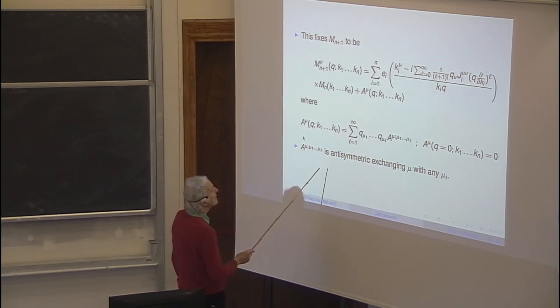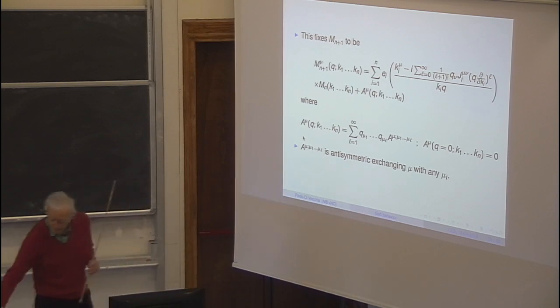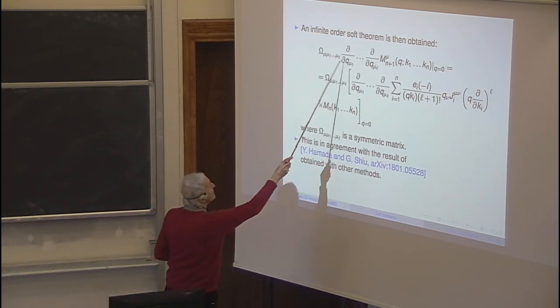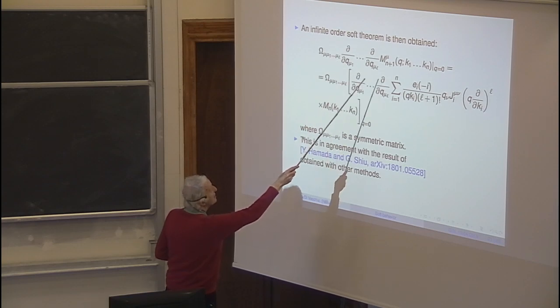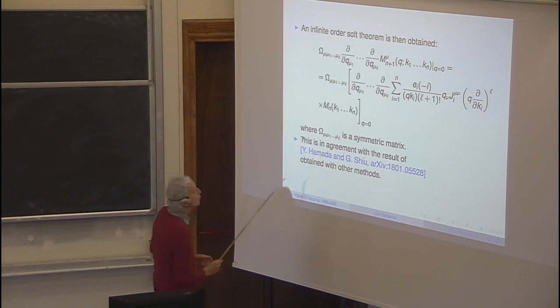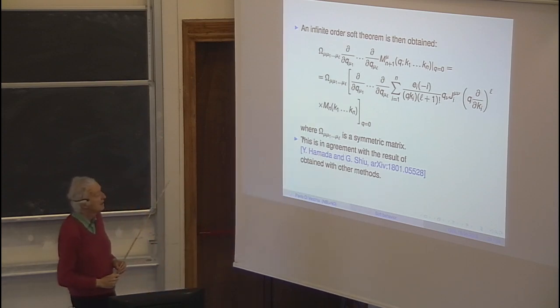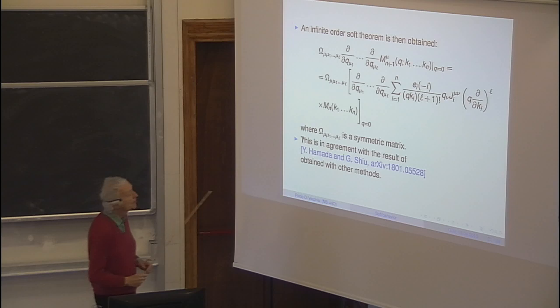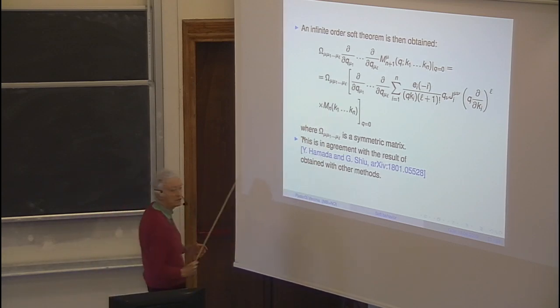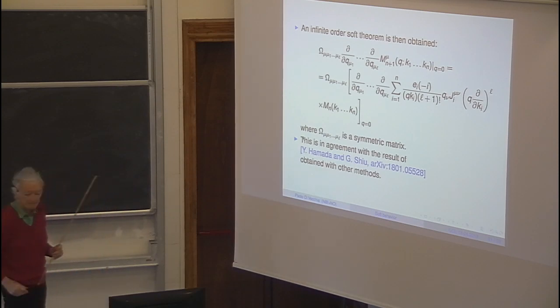And then if you multiply the amplitude with something which is completely symmetric, you can check that all the derivatives can be determined in terms of the amplitude without M. And this is in agreement with the result of this paper, which is obtained with a different method.